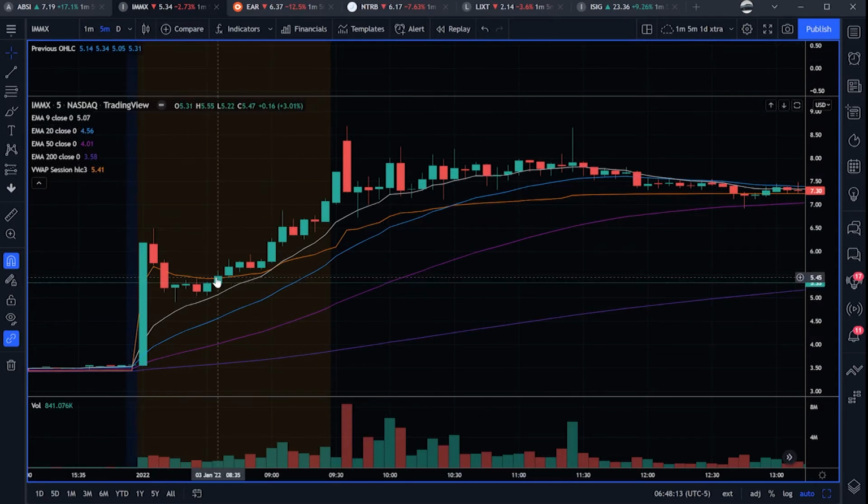So that's clearly a good potential setup. The risk here is very small compared to the possible outcome of the trade.